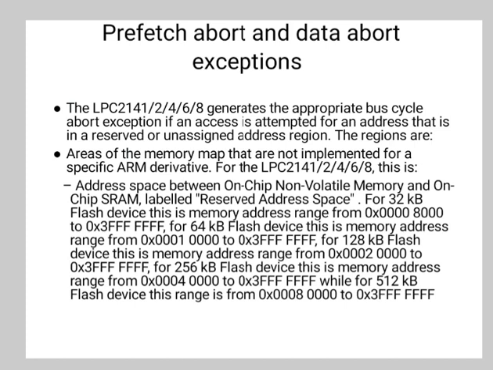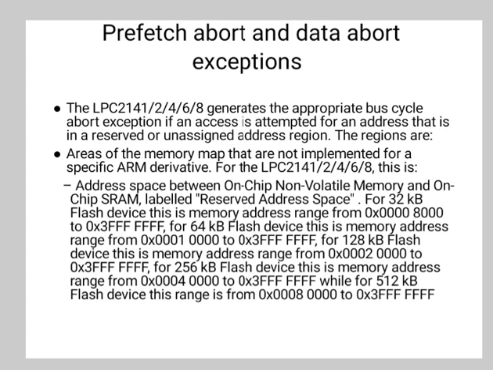The regions are areas of the memory map that are not implemented for a specific ARM derivative. For the LPC 2141, 42, 44, 46 or 48, it is the address space between on-chip non-volatile memory and on-chip SRAM, labeled reserved address space.